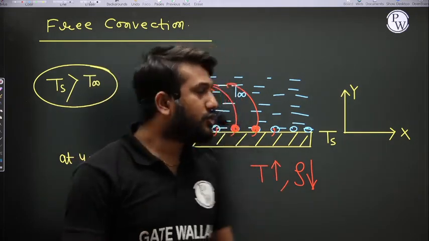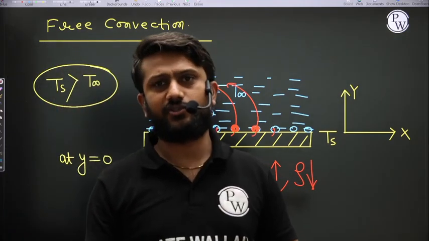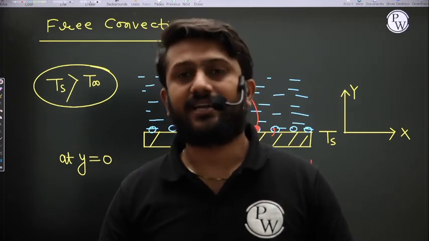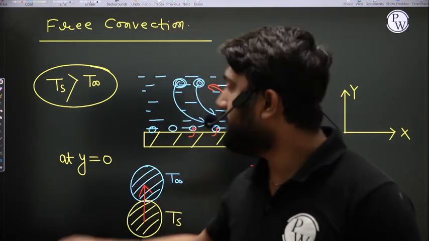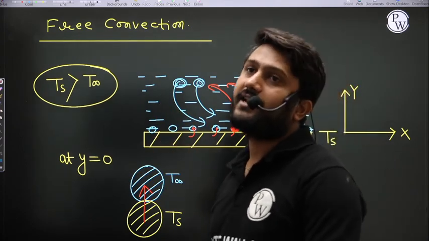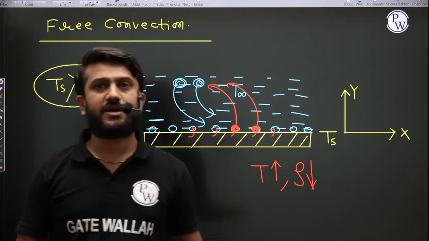Is it fine? So in free convection, there is no external agent. Whatever fluid motion is there is because of this temperature difference. Because of this temperature difference, there is a density difference, and because of the density difference, a buoyant force comes into the picture.